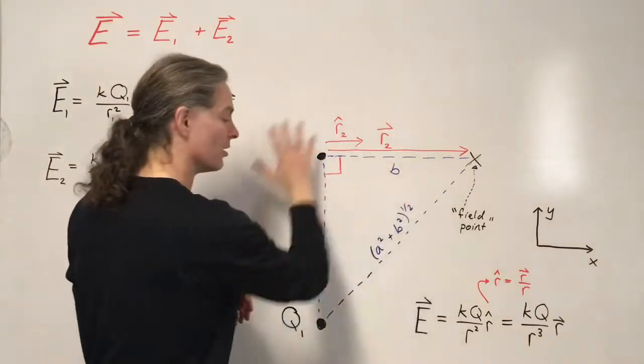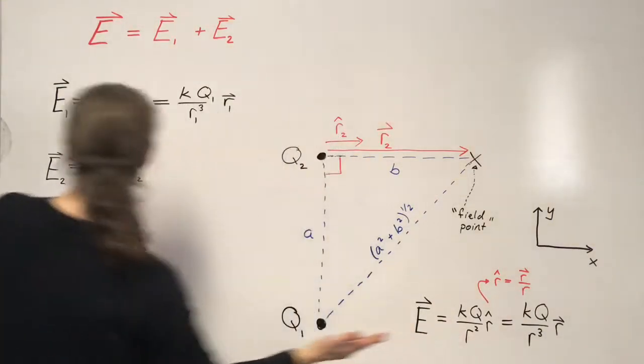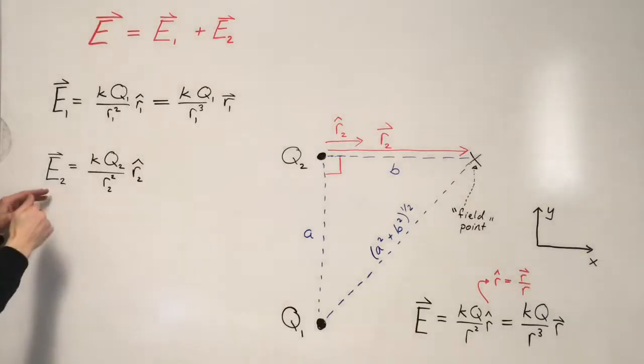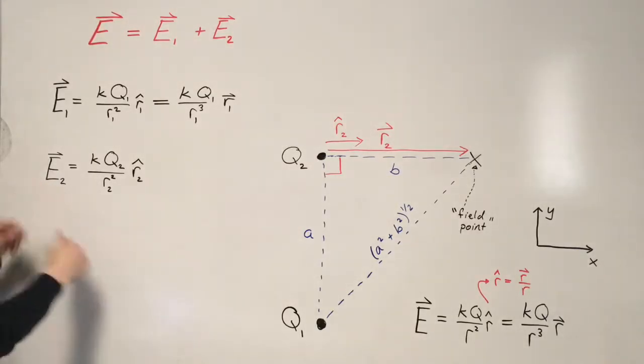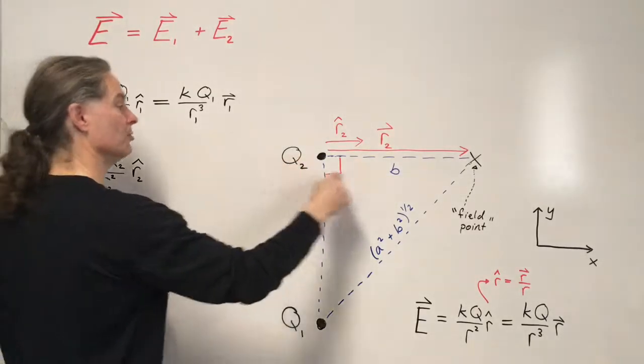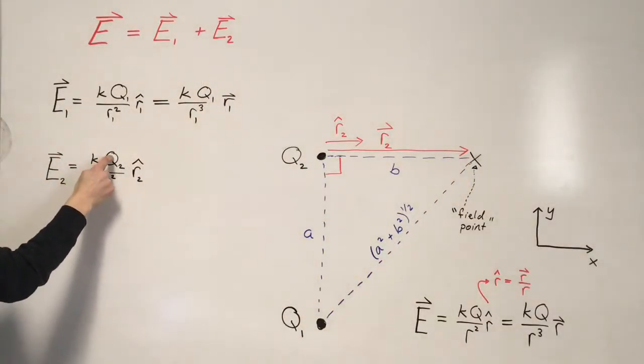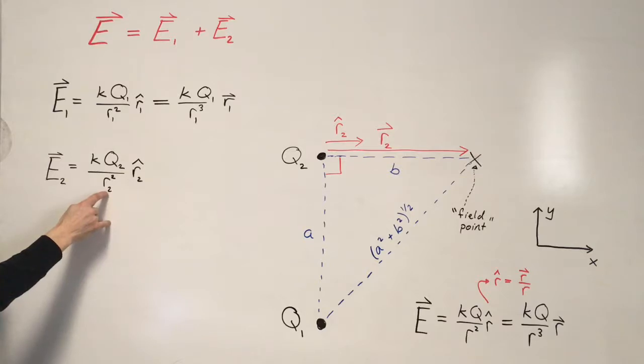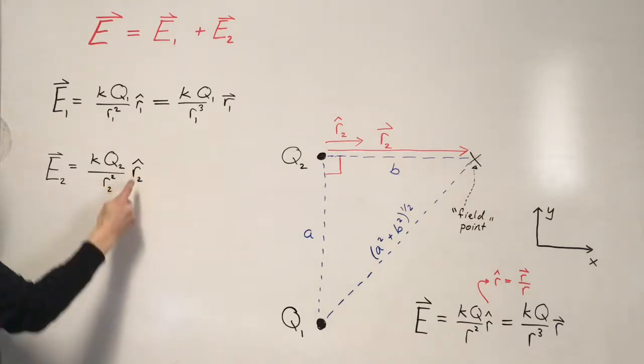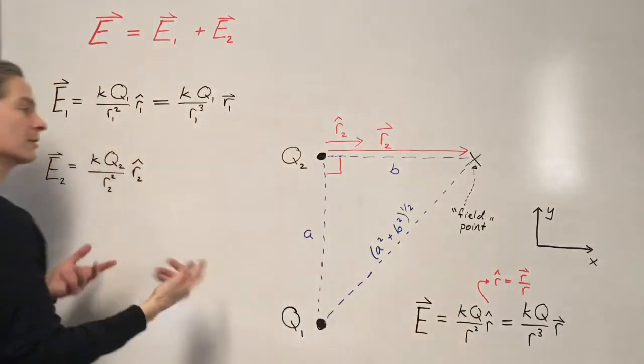Okay, so we can plug all this into this formula to get the electric field vector E2 produced by Q2 at the field point. So we have K, Q2 in place of Q, R sub 2 magnitude in place of R magnitude, and R2 hat unit vector in place of this general unit vector.